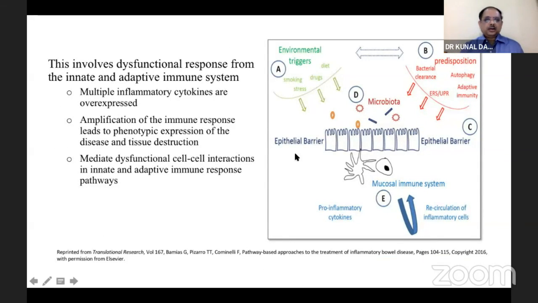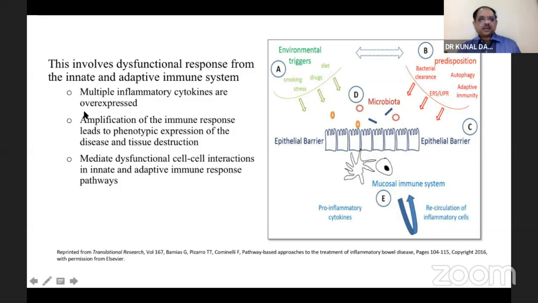Now, this dysfunctional response from the innate and adaptive system, the environment triggers, the microbiota, the epithelial barriers, the non-epithelial barriers, the genetic predisposition, the mucosal immune system, they all come together, leading to multiple inflammatory cytokines which are overexpressed during an episode, leading to amplification of the immune response, leading to phenotypic expression of disease and tissue destruction.